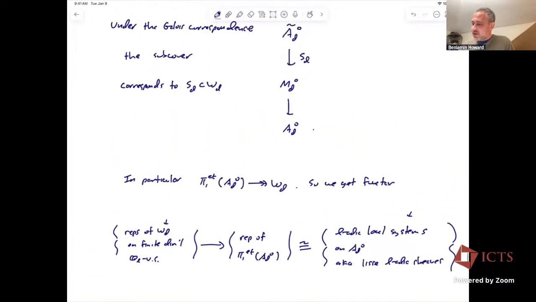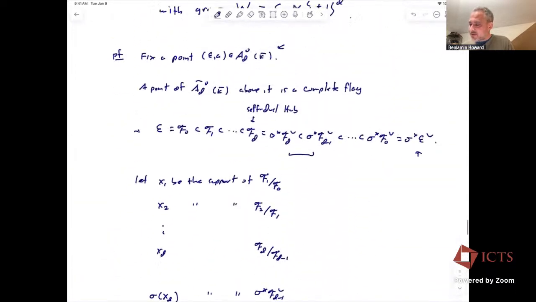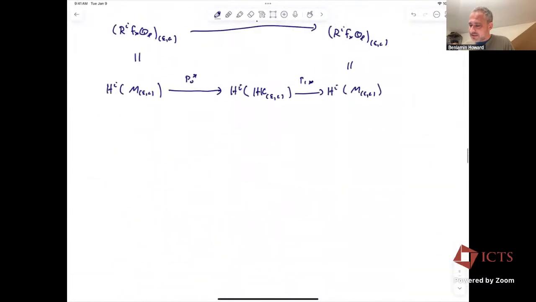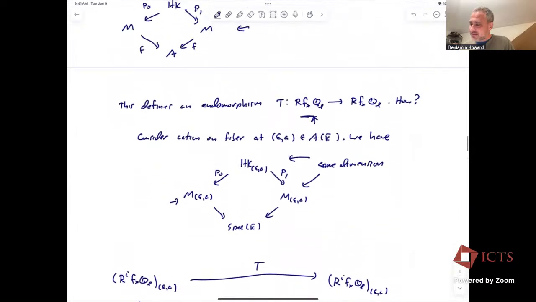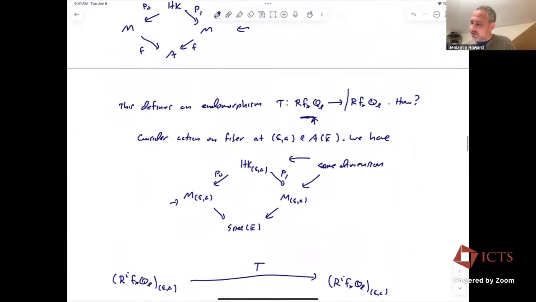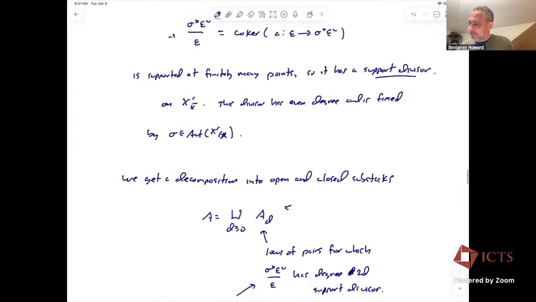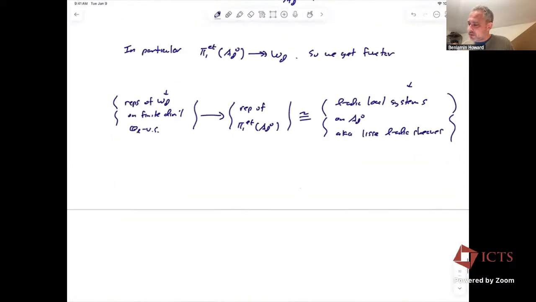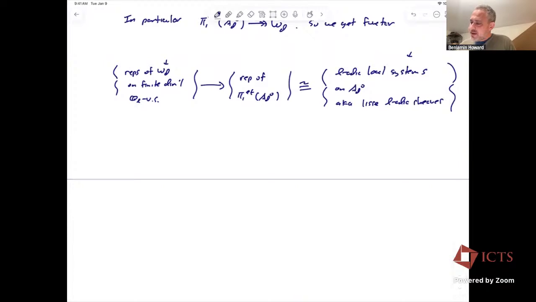And so what are we trying to understand? Remember, it was a while ago, we're trying to understand this sheaf, the higher direct image of the constant sheaf under the Hitchin map. Okay, that's some sheaf.